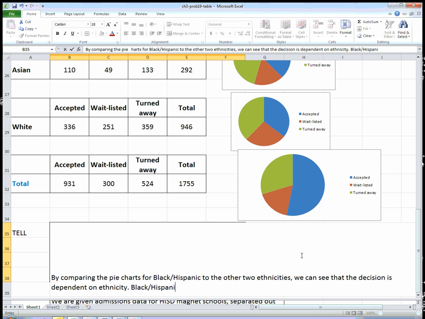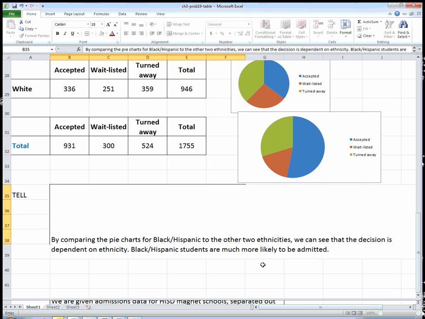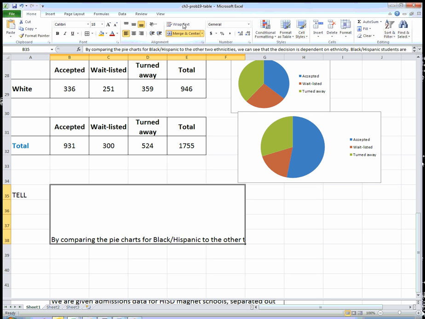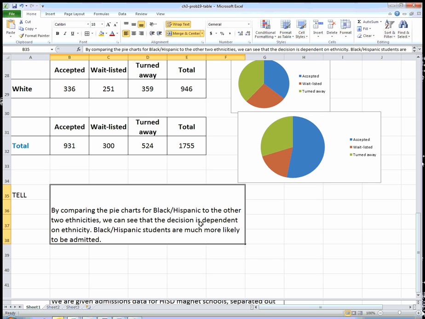Black and Hispanic students are much more likely to be admitted. And undoubtedly that's intentional. That's probably part of the design of this magnet program, to support Black and Hispanic students.